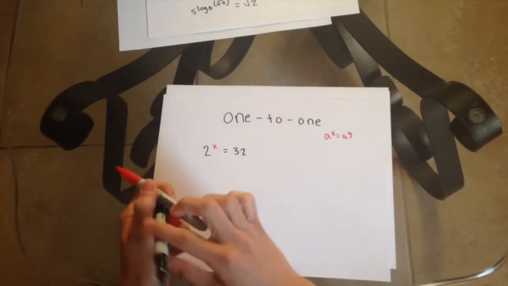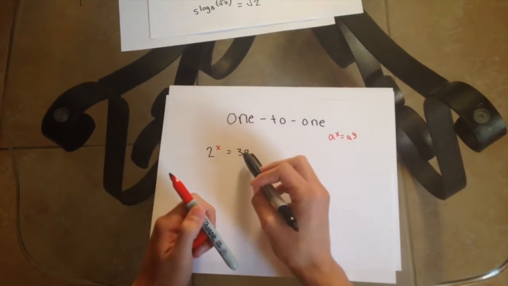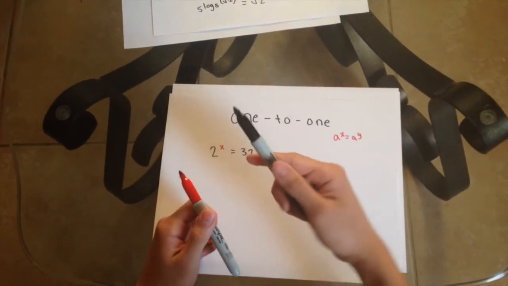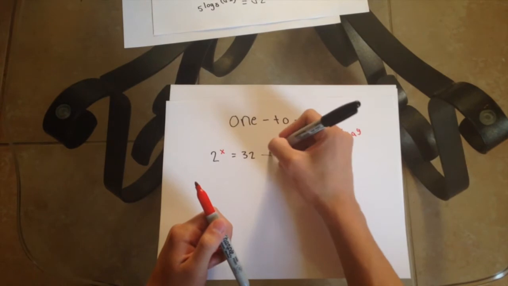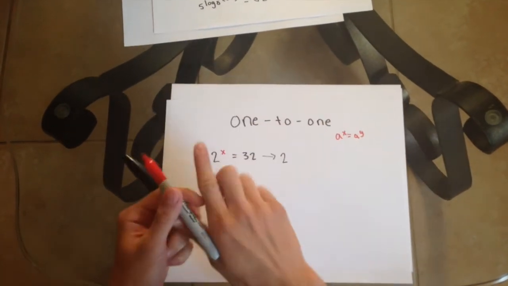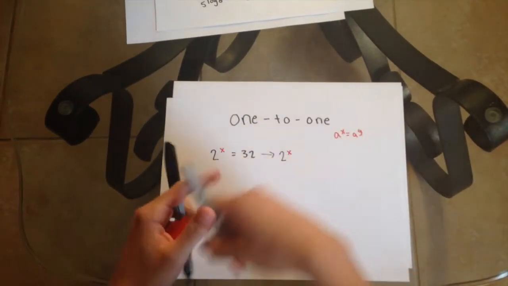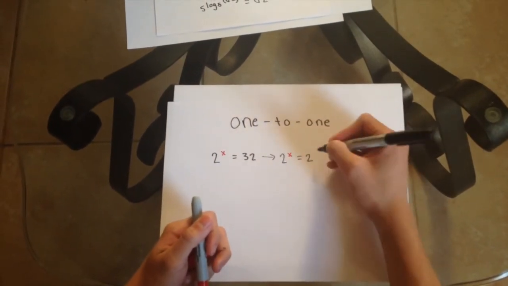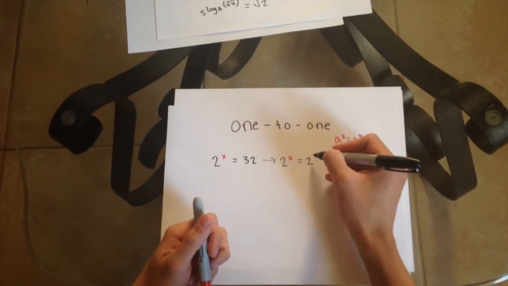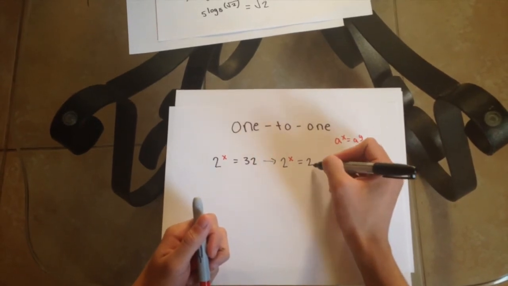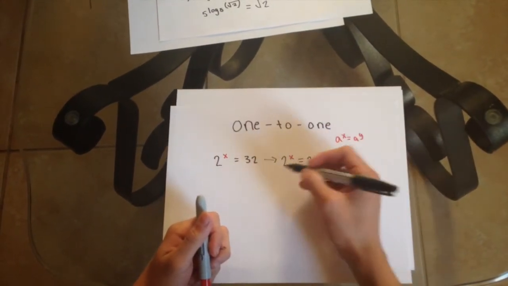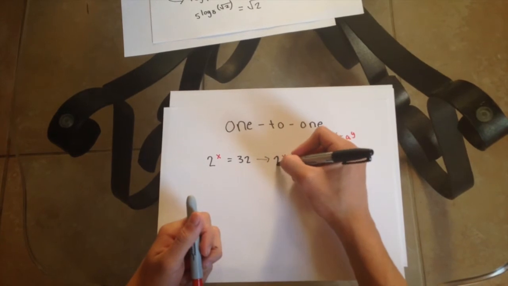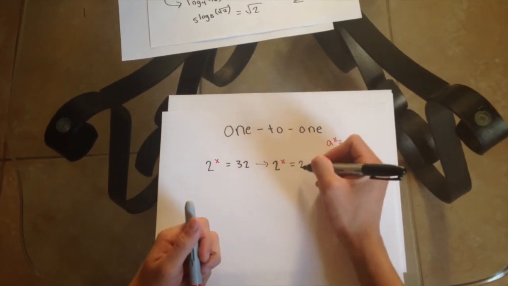So that means we have to convert this 32 into a power of 2. 2 to the x is equal to 2 to what? To what exponent can this 2 be raised to equal 32? So we've completed the first part, which is to get the same bases.